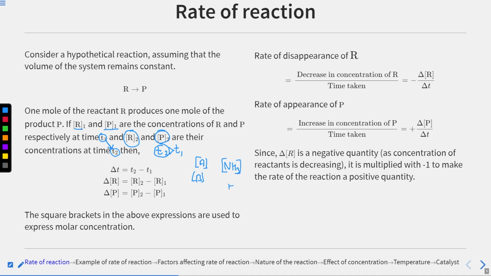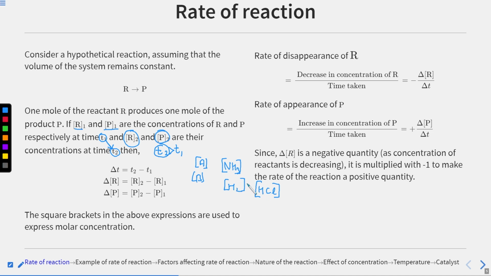We have H2 gas, its concentration will be represented like this. Suppose we have HCl, then also the concentration will be represented like this. So the square bracket will always represent concentration.